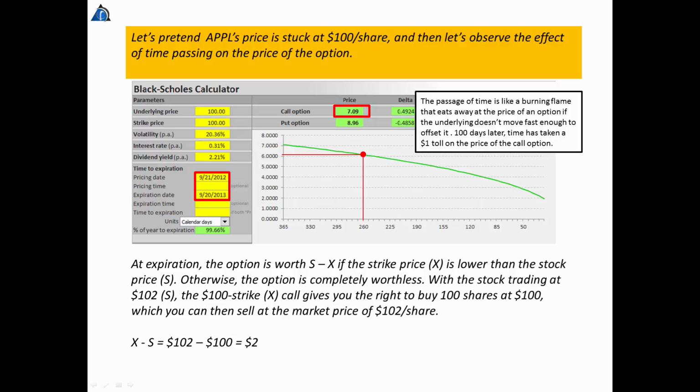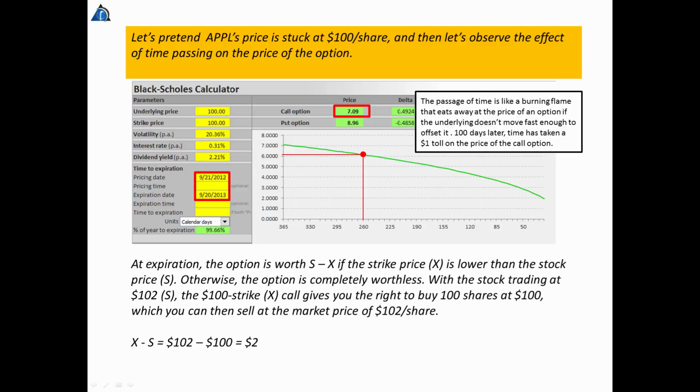So let's go ahead and fast forward to that date. Today is September 20th, 2013. It's expiration day. And looking back over the last 12 months, the stock hasn't had a stellar year. It has managed to eke out a 2% gain, so it's trading at $102, but certainly not as high as was expected.